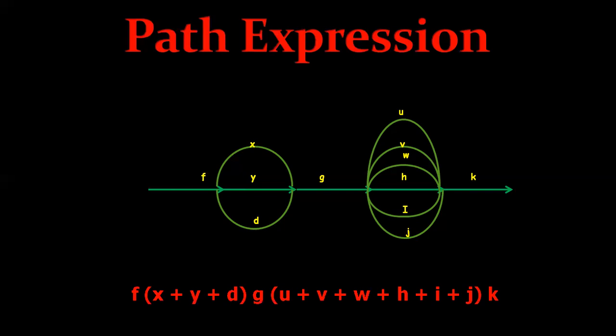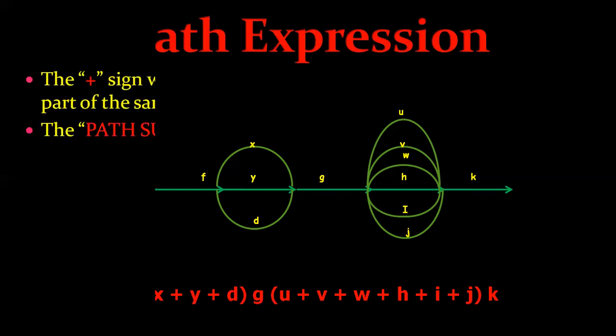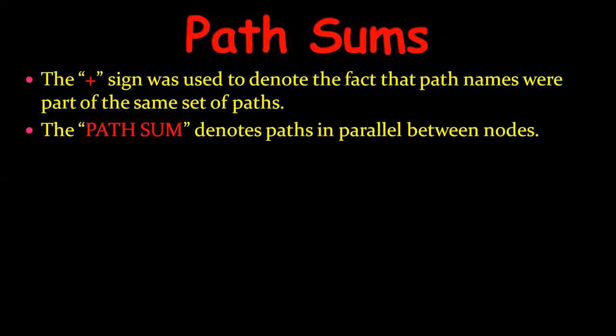Now let us see what a path sum is. In general, the plus sign is used to denote the fact that the path names are part of the same set of paths. So the path sum denotes paths which are parallel between the nodes.